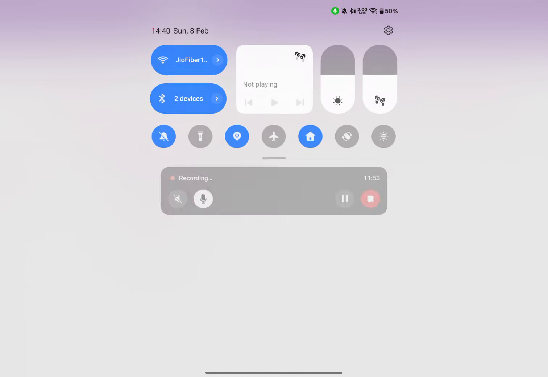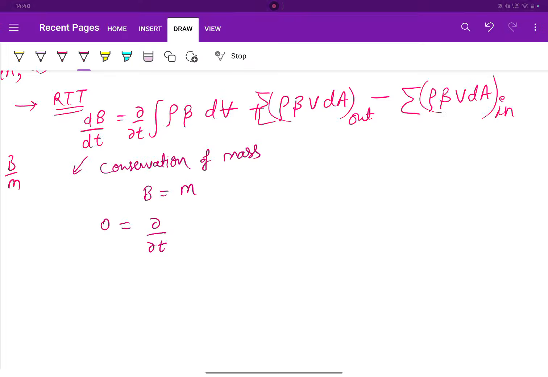Just hold on a second. Okay, just one small change. Basically it's d by dt, it's not partial, and I will tell you how.